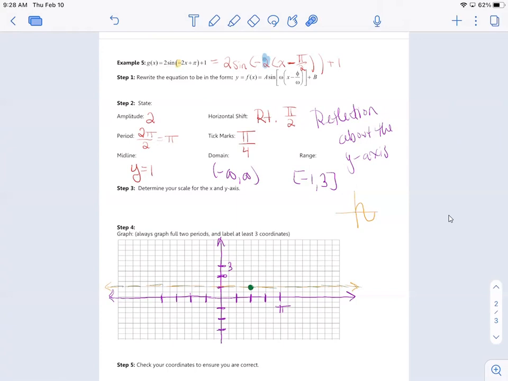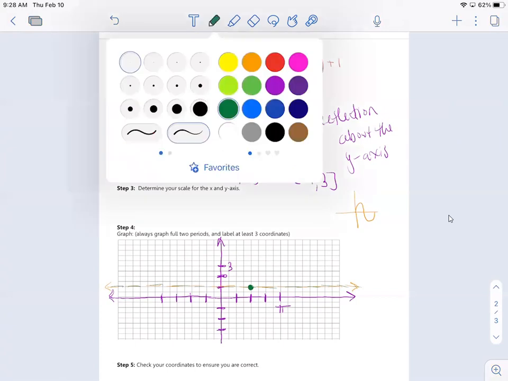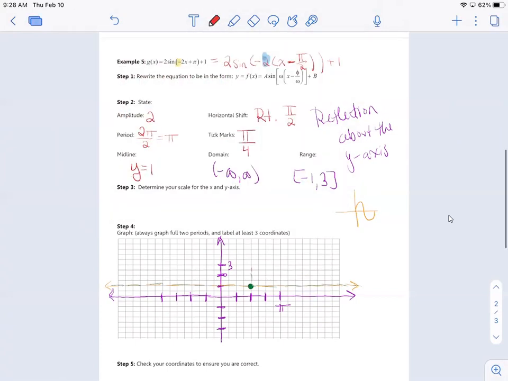So what happens here, which is kind of nice, is this is just a technique. This shift affects our reflection. So that's the thing I'm going to reflect over now. I was reflecting over my y-axis, but because it's been shifted, now I'll reflect over that pi over 2 business.